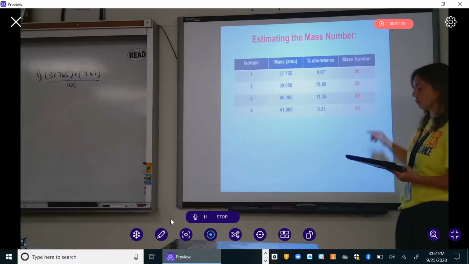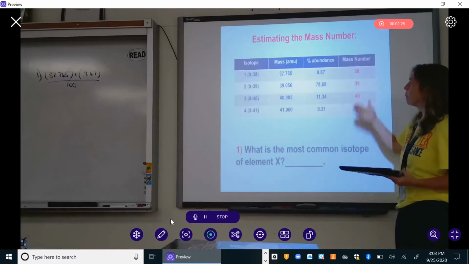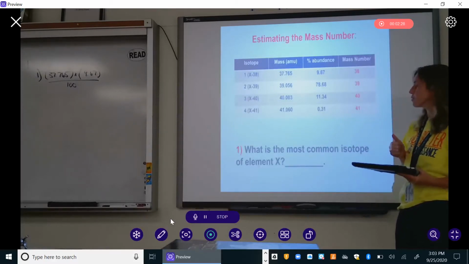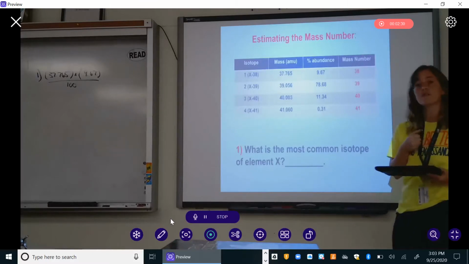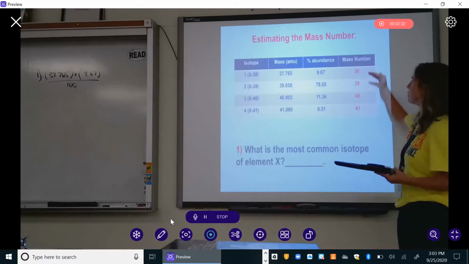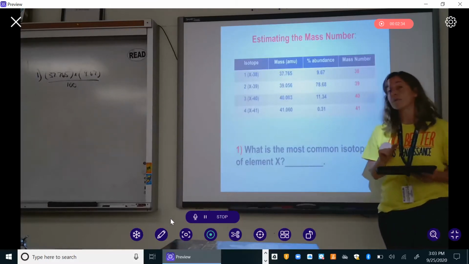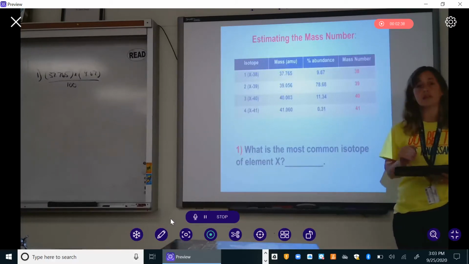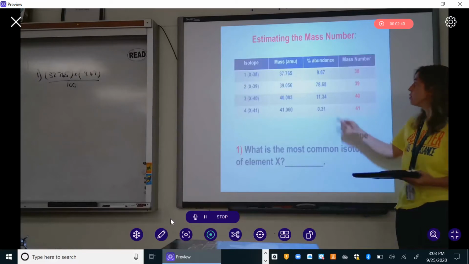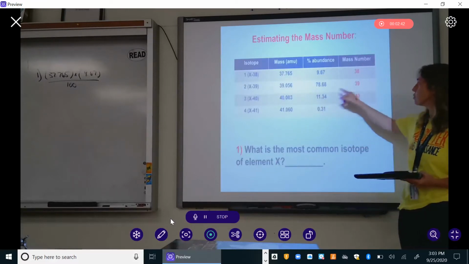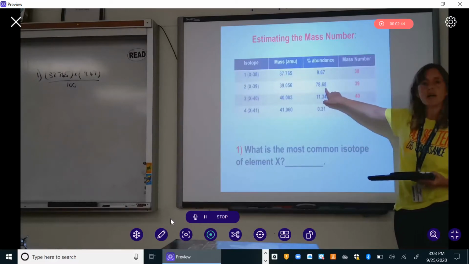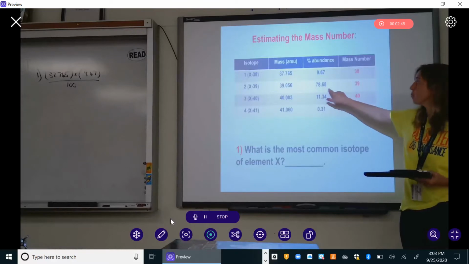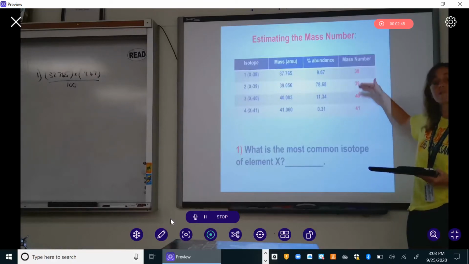Now, by just looking at these four isotopes, you can probably assume which of the four isotopes occurs more often than the others, based on the percentage, right? So it's out of 100%. If you look right here at isotope 2, almost 79% of that isotope occurs out of 100 samples.